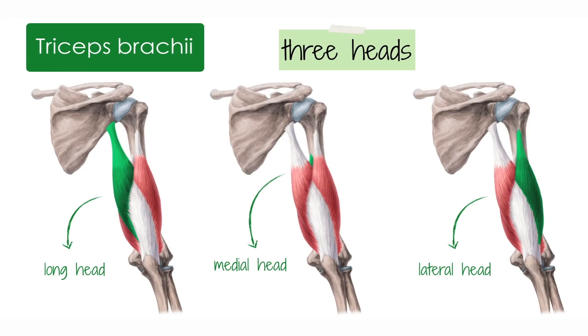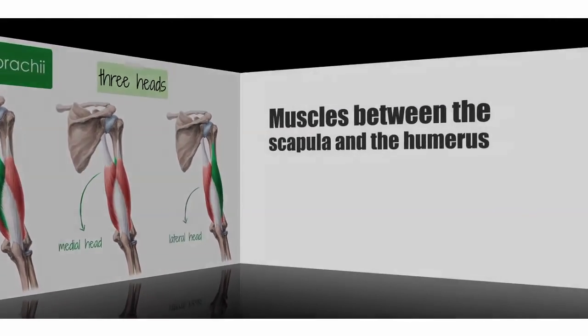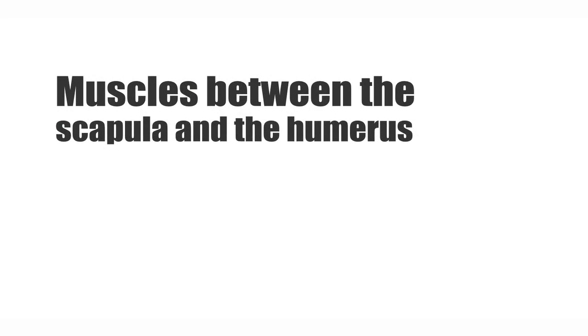With the triceps brachii, we just concluded the last group of the muscles of the upper arm, and we're going to move on to another set of muscles that you can find attached between the scapula and the humerus. Keep in mind, like I mentioned in the beginning, these muscles are included in this list based on the fact that they are attached between the scapula and the humerus, nothing else.